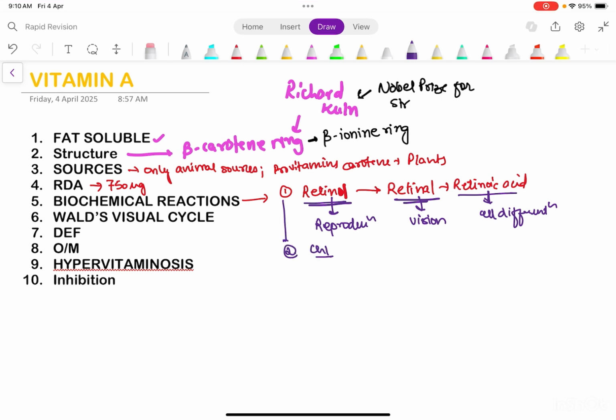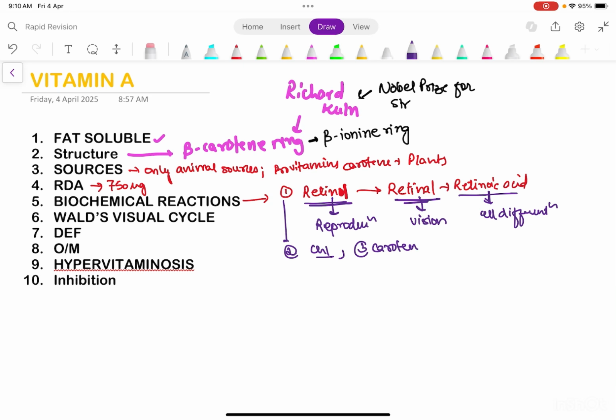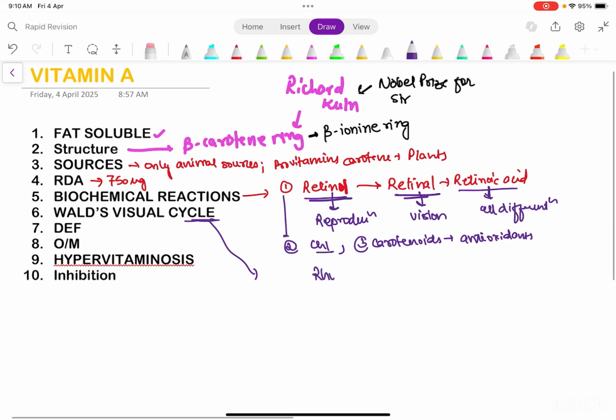All right, it is also involved in cholesterol formation and in maintaining epithelial cells and so on. Then the carotenoids also function as antioxidants.